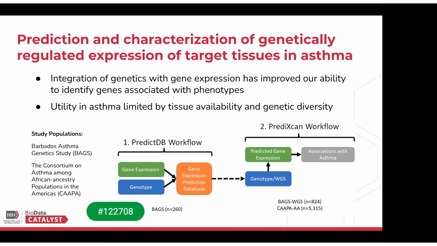We also worked on replicating those associations by predicting CD4 positive T cell gene expression in the CAAPA study, which stands for the Consortium on Asthma among African ancestry populations in the Americas. And for the last couple of months, we've been trying to refine some of those replication associations.